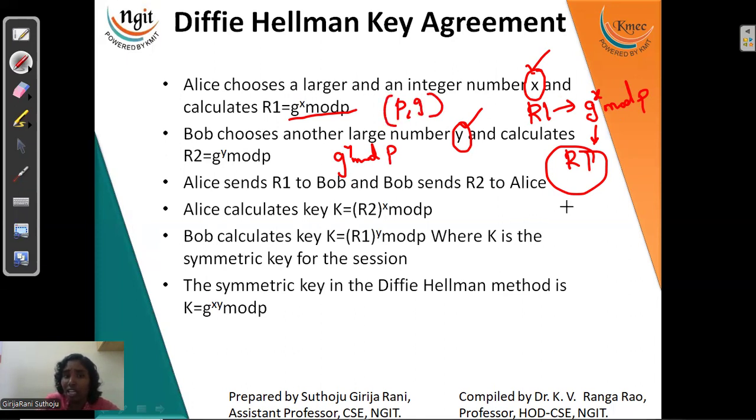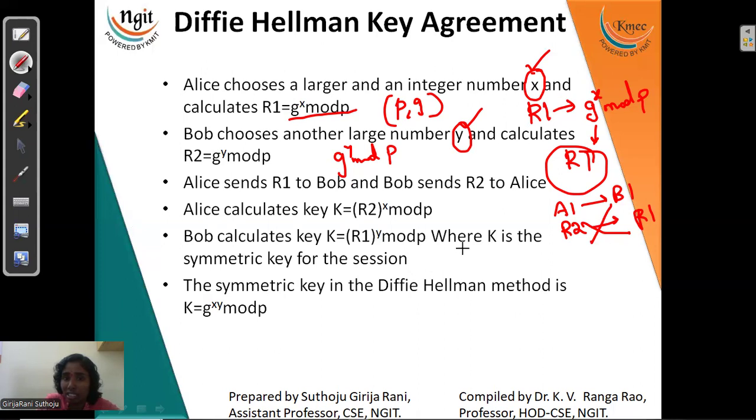Now, after having R1 and R2, both Alice and Bob must exchange their R values. So Alice must have R2 with her and Bob must have R1 with him. So the exchange must be taken.